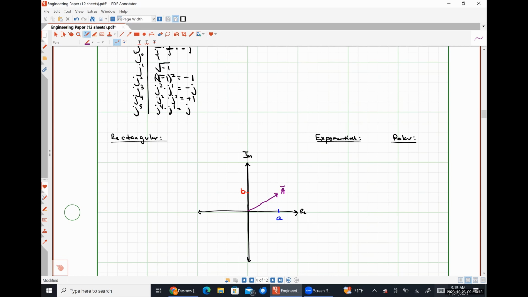So in a textbook, you would typically see a complex number represented by a bold-faced quantity. I choose to put a horizontal bar over it.